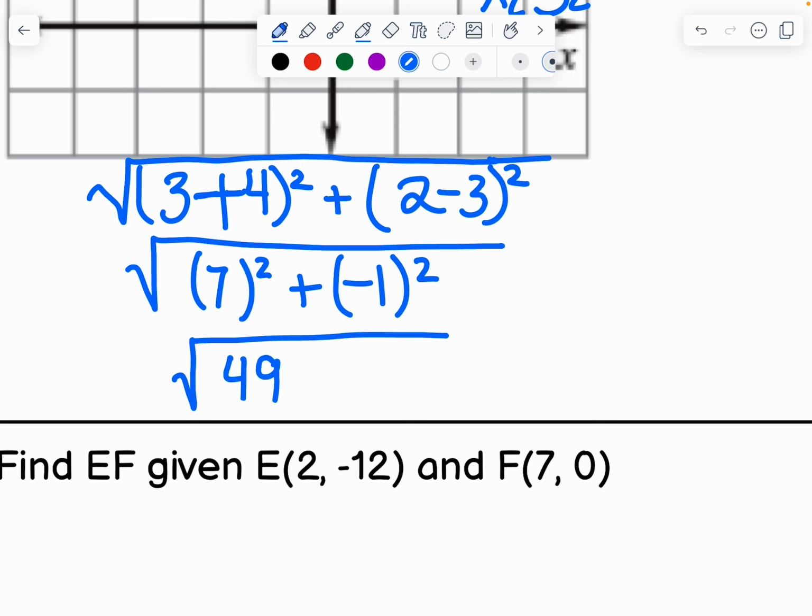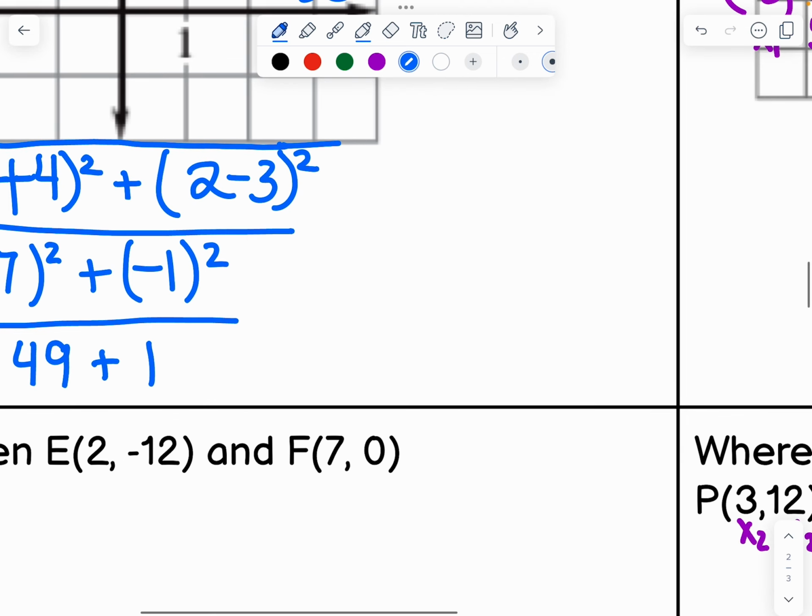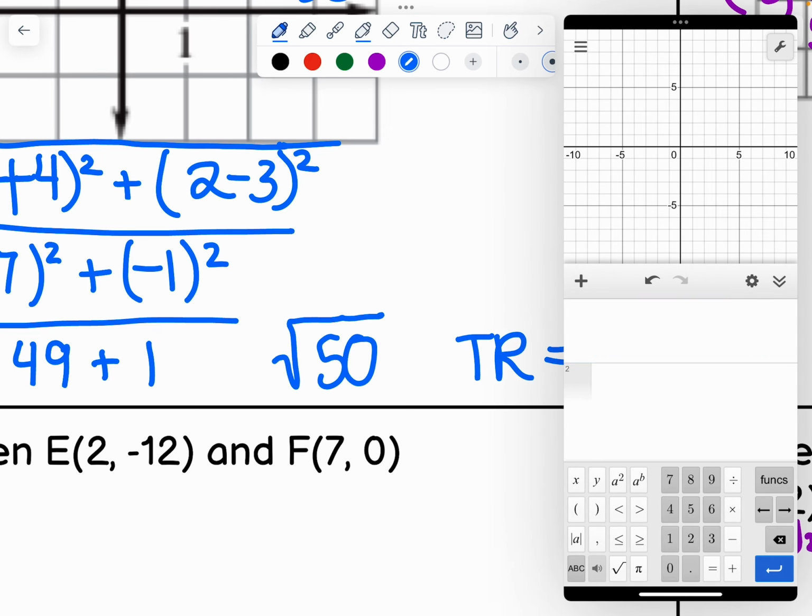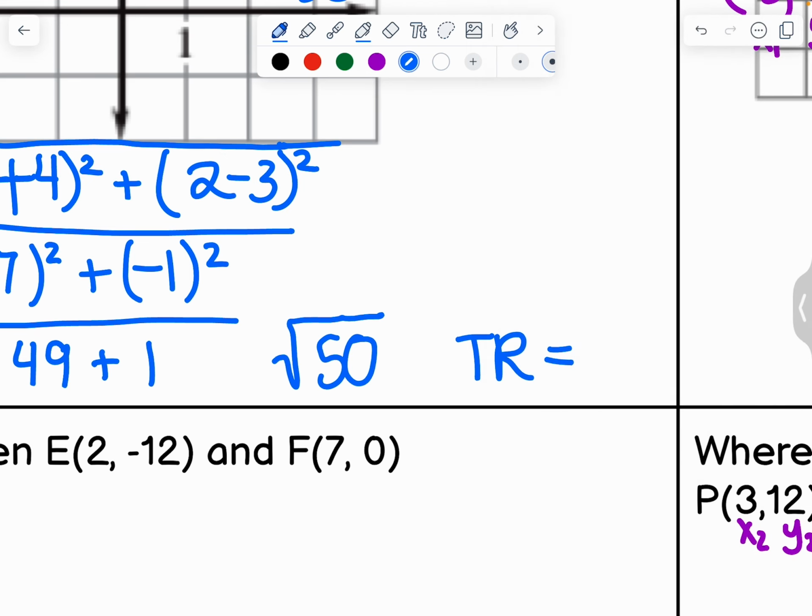And negative 1 squared is simply 1. And so we have the square root of 50. And that means that TR is 7.07 units long.